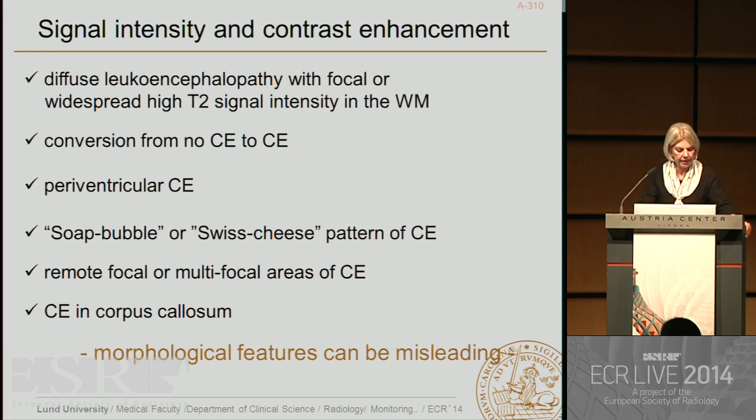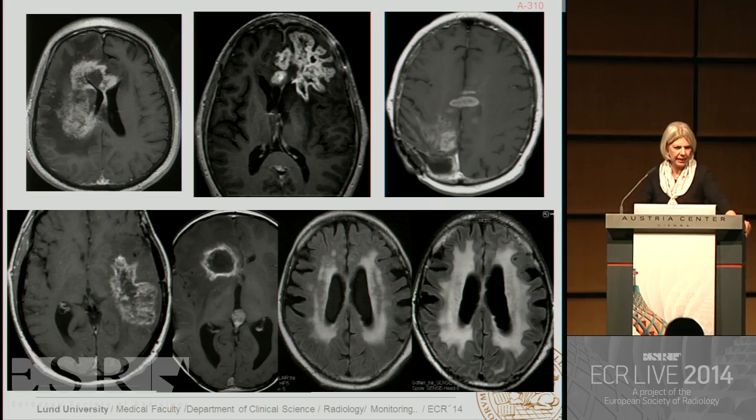You could have even contrast enhancement at local focal areas rather distant from where the initial tumor was. And so the morphological features could be very misleading, and therefore it's very important when you deal with any kind of monitoring of patients with brain tumors that you actually have clear information about the primary tumor, when it was operated, when it was treated, and with what kind of chemotherapy and what kind of radiation and how much, and the time between treatment and when you actually do your scanning.